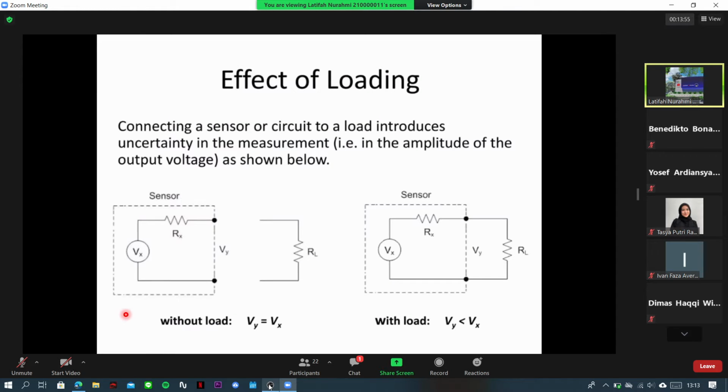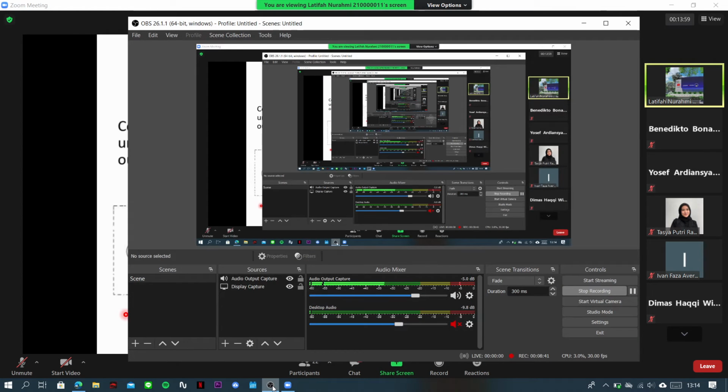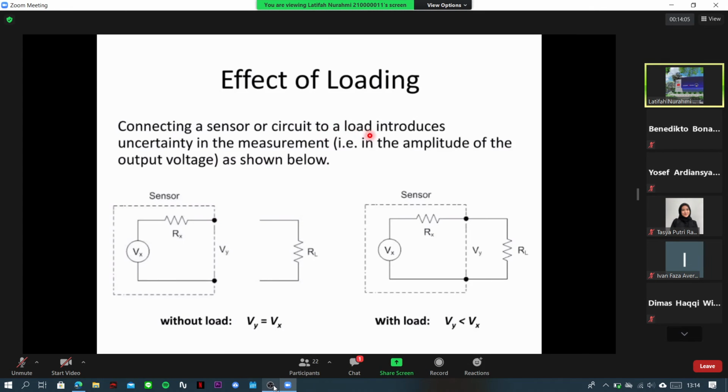Let's see here the loading effect. Connecting a sensor or circuit to a load introduces uncertainty in the measurement, in the amplitude of the output voltage as shown below.